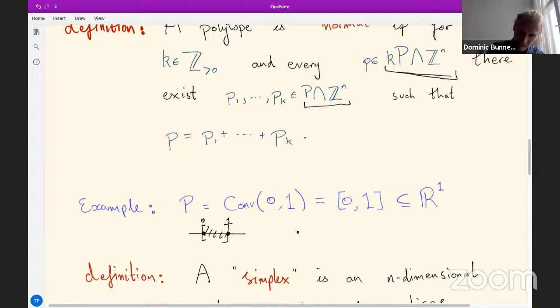We can see very easily what the scalar dilation is here: 0 to K. It's quite clear that any integer point of this new polytope can be written as a sum of exactly K points, each being a 0 or a 1. It's not difficult.